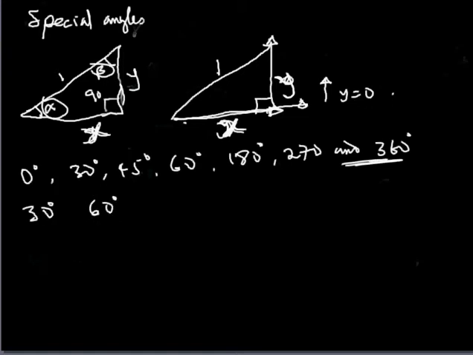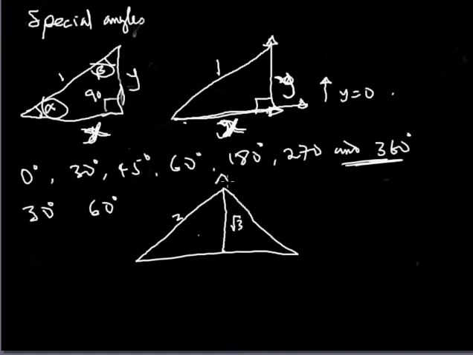in an equilateral triangle ABC, this angle is equal to this angle. We have 2, we have root 3, we have A, B, C. These are all 1 and 1.